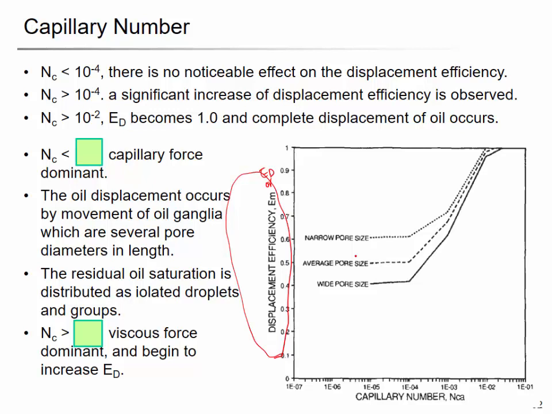You still have 50% of the oil left in the rock. When you apply the fluid with this capillary number, and as you increase the capillary number, you have an increase in oil production, right? So when the capillary number is less than 10 to the negative 4, there is no noticeable effect on the displacement efficiency in this region, right?